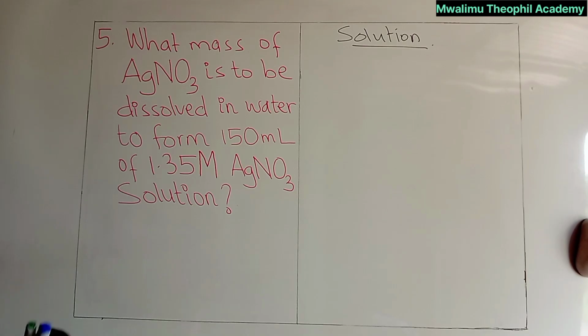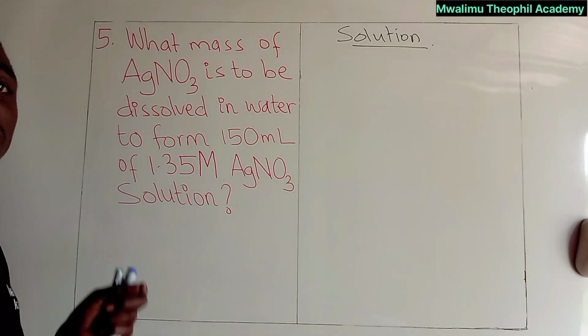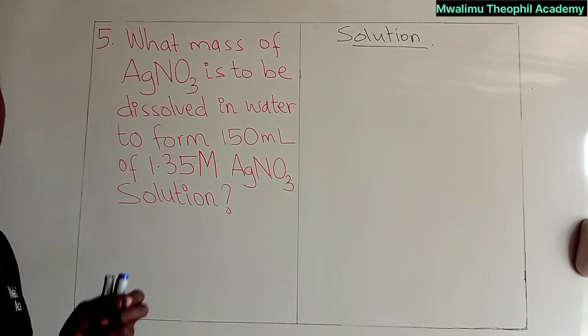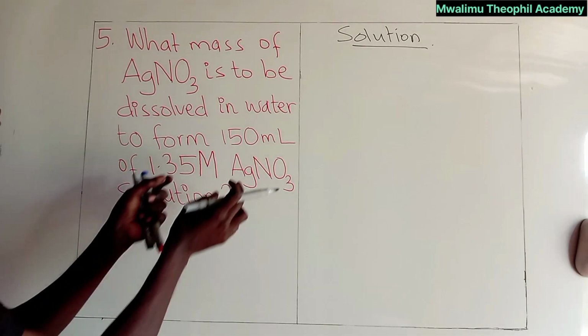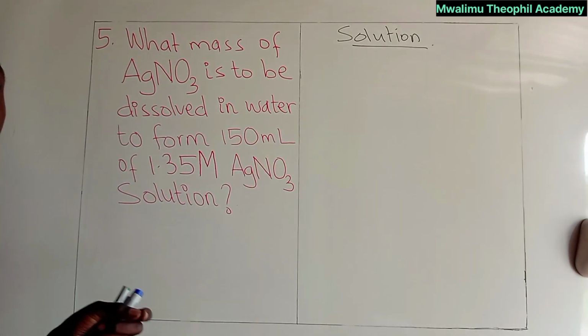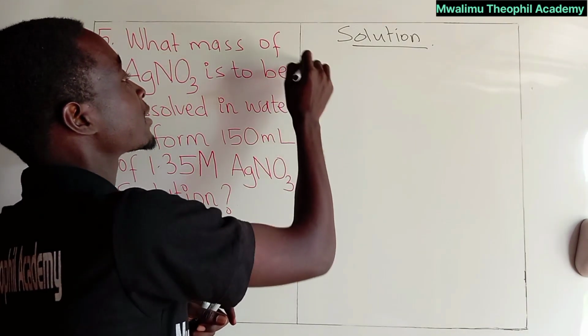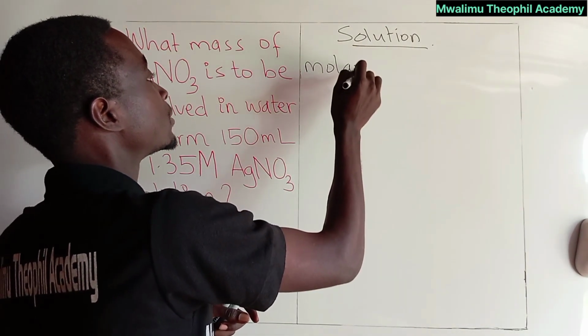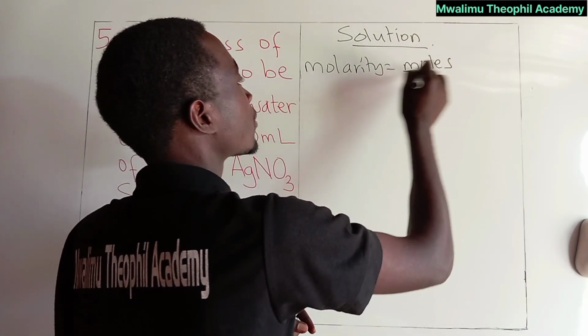You have first of all to know how we calculate the molarity. You have to remember that we have said molarity is equal to the number of moles over volume, or mass concentration over molar mass. As here we are given the volume, let's use the formula of number of moles over volume. Molarity is equal to number of moles over volume.